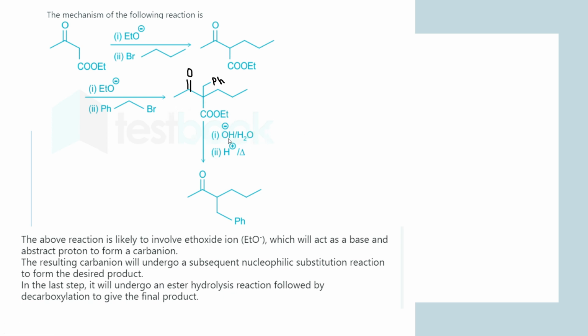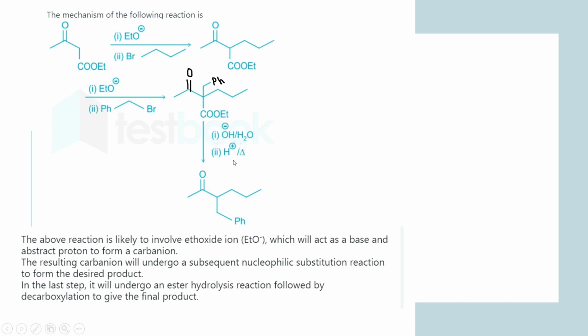So in presence of aqueous base, first what will happen? This ester group will undergo hydrolysis, and that will give you beta keto acid. And again, we are not stopping the reaction at that stage. In the next stage, we are treating it with acid and heating the reaction medium.